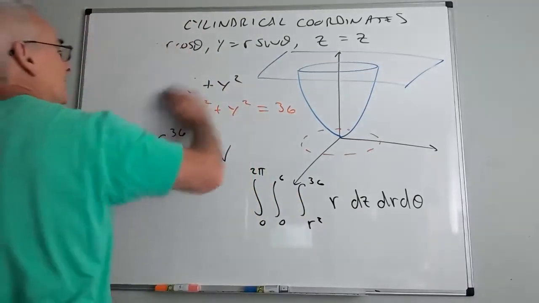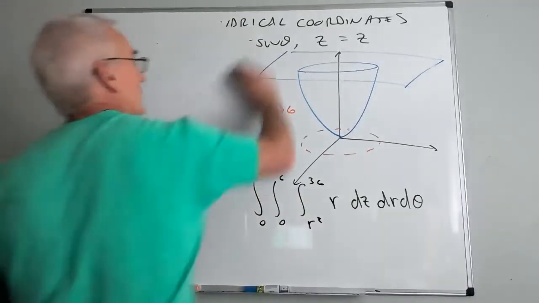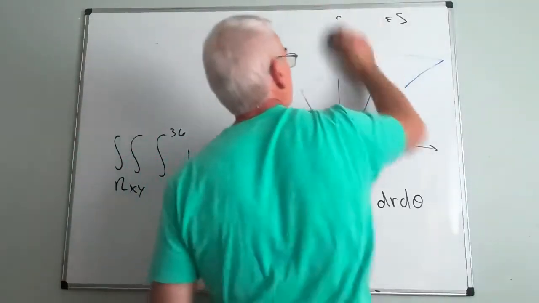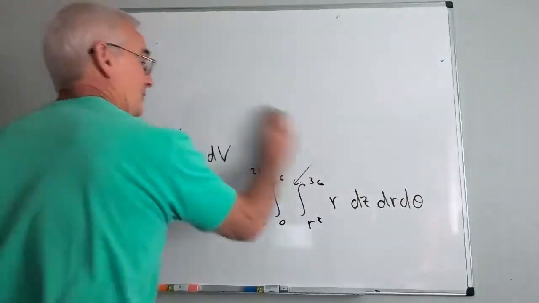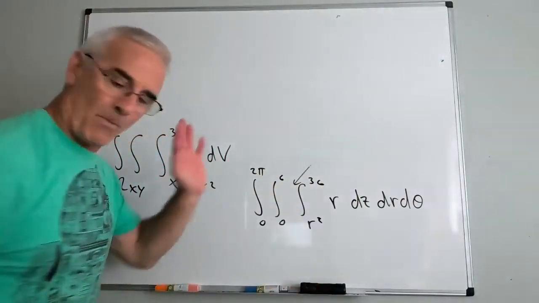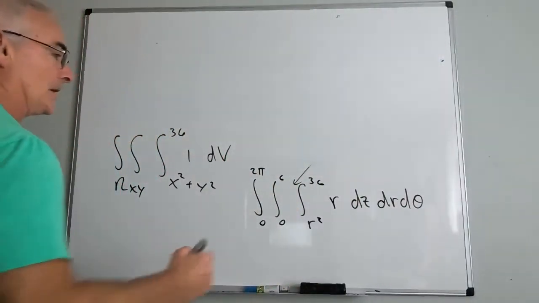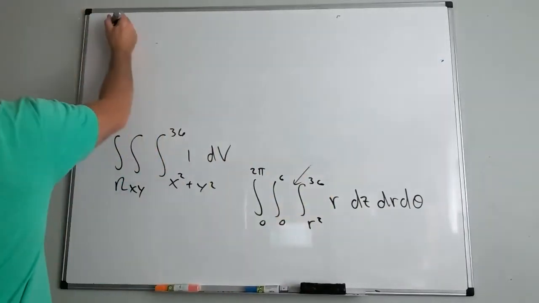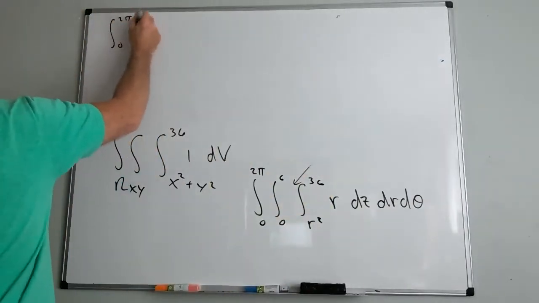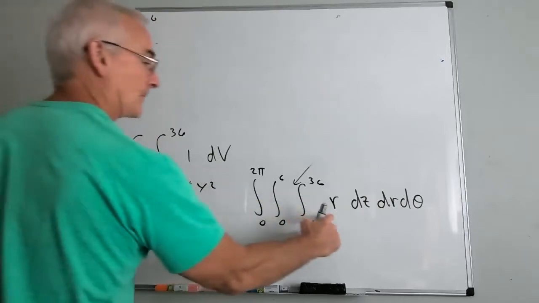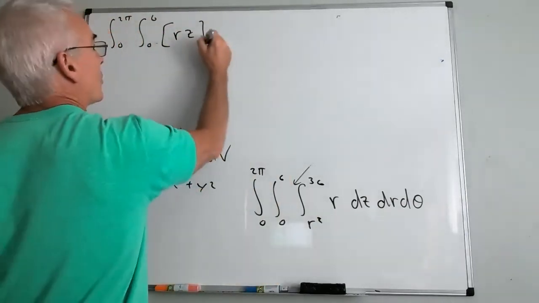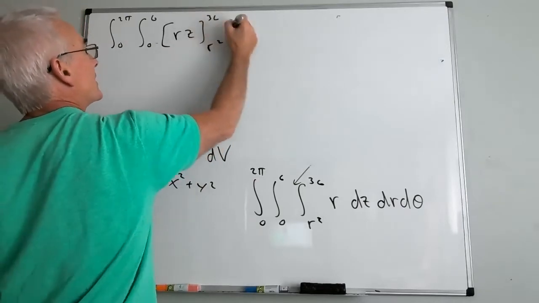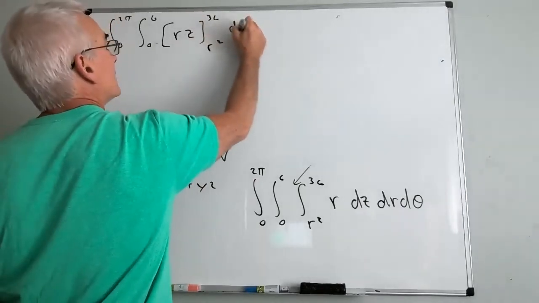So let's go ahead and do this. I'm going to erase this so we can see. If you don't mind polar, then you don't mind this because it's not any harder. So my first integration is going to leave me with 0 to 2 pi, 0 to 6, r z, where z is going from r squared to 36, and then dr d theta.